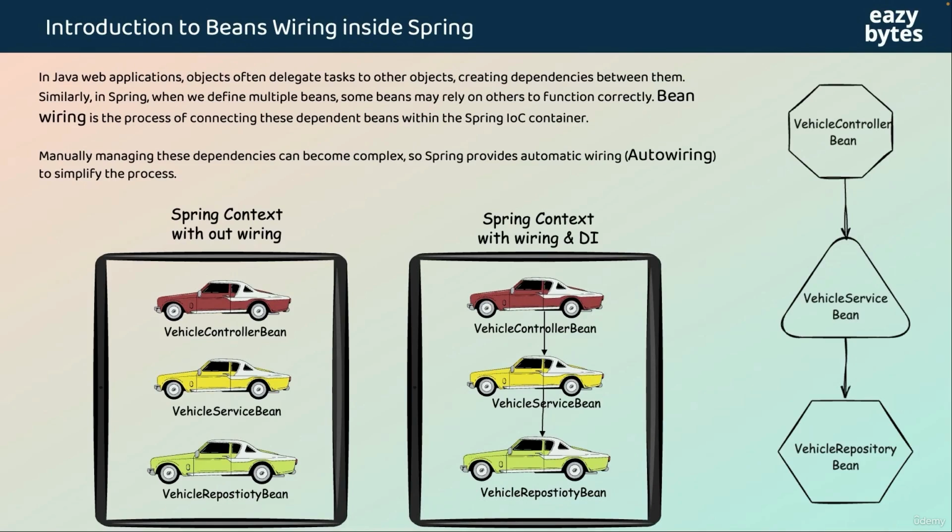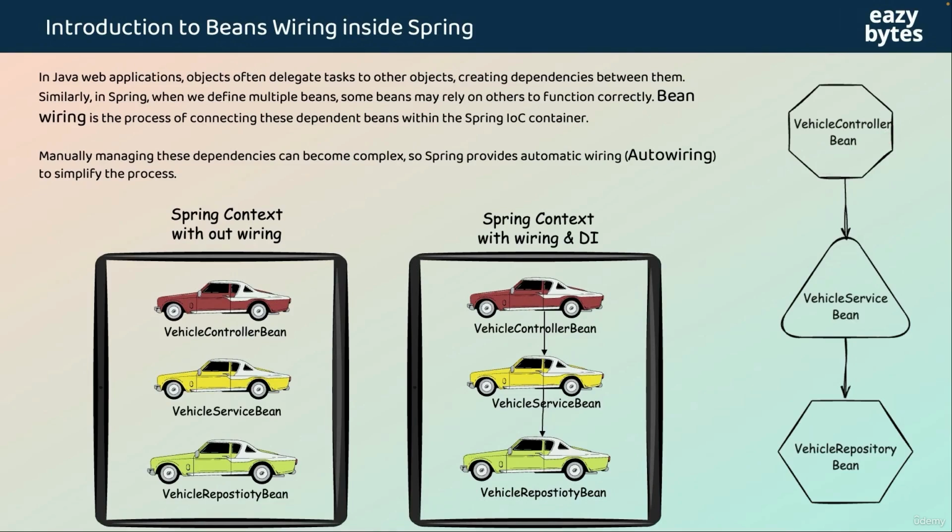Let's imagine I have created a bean of controller, service, and repository with the help of the stereotype annotations. When a request comes from a client application like a browser or a mobile application, my controller bean, which is the vehicle controller bean, is going to accept the request. It is going to perform some basic validations on the request.